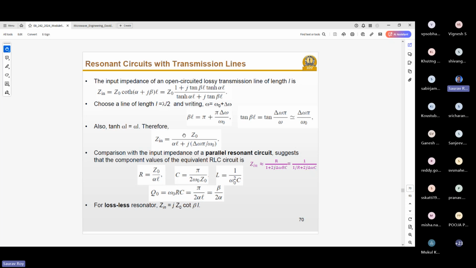When it becomes lossless, obviously alpha becomes 0, and it comes to simple jZ naught cot beta L. So an open microstrip line of length lambda by 2 behaves like a resonant section. We can use lambda by 2 microstrip line sections to implement a band pass filter. That is what comes next.